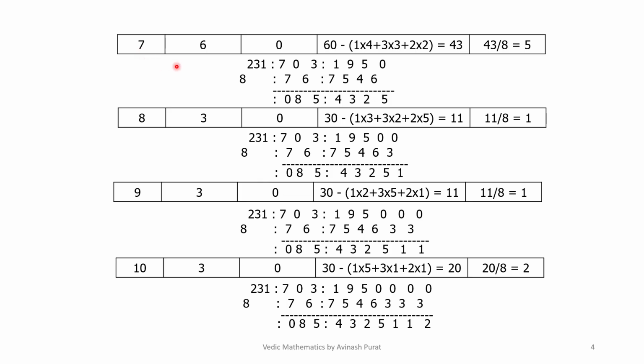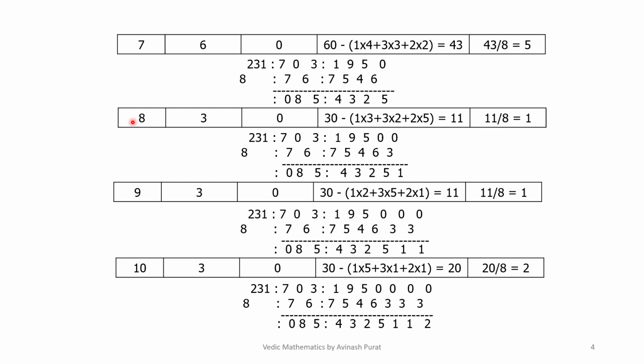Seventh step is 6 is the remainder, 0 is dividend, so 60 minus 1 into 4 plus 3 into 3 plus 2 into 2 equal to 43, that is 43 divided by 8 is 5 is quotient, and again 3 is remainder.